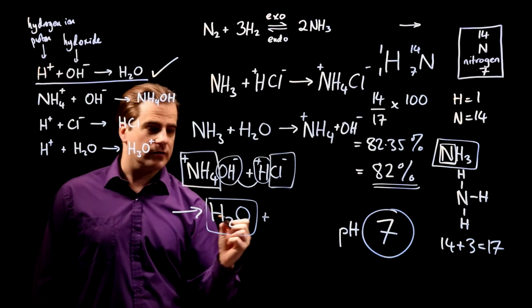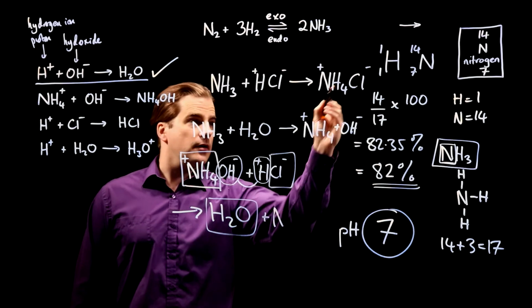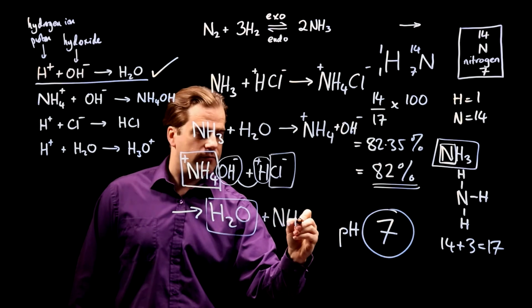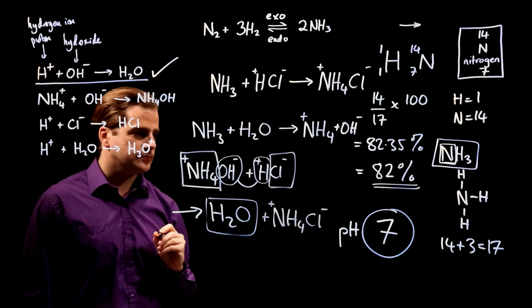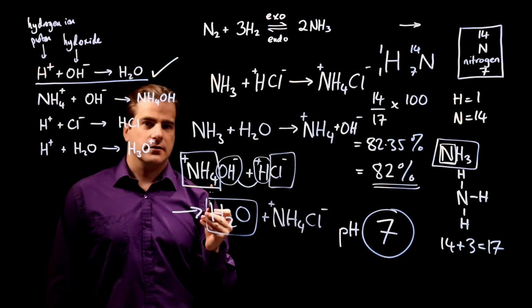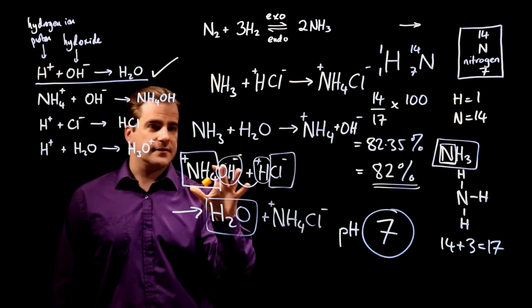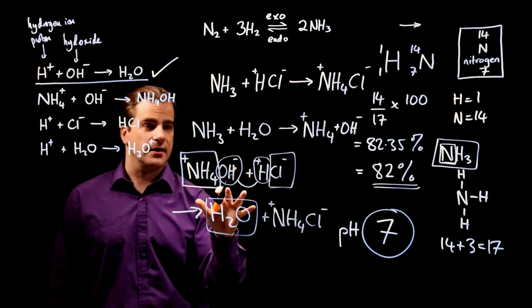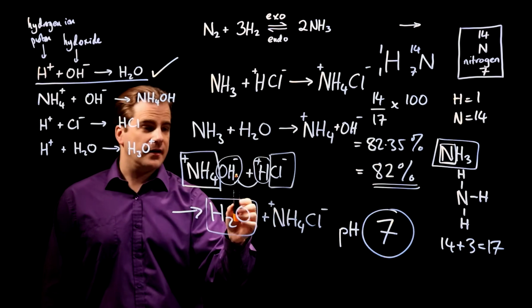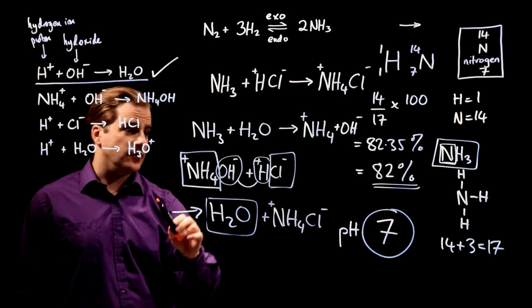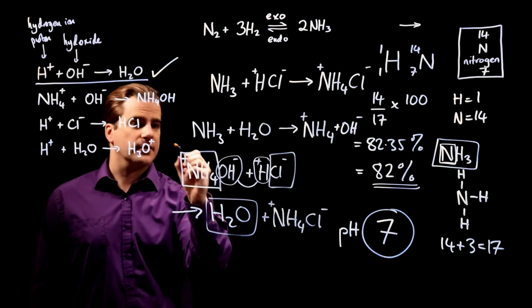And that's the salt. Ammonium chloride. Okay? So, that's how ammonia works as an alkali. You mix it with water, it forms ammonium hydroxide, then you add the acid and you get the neutralization reaction. Okay?